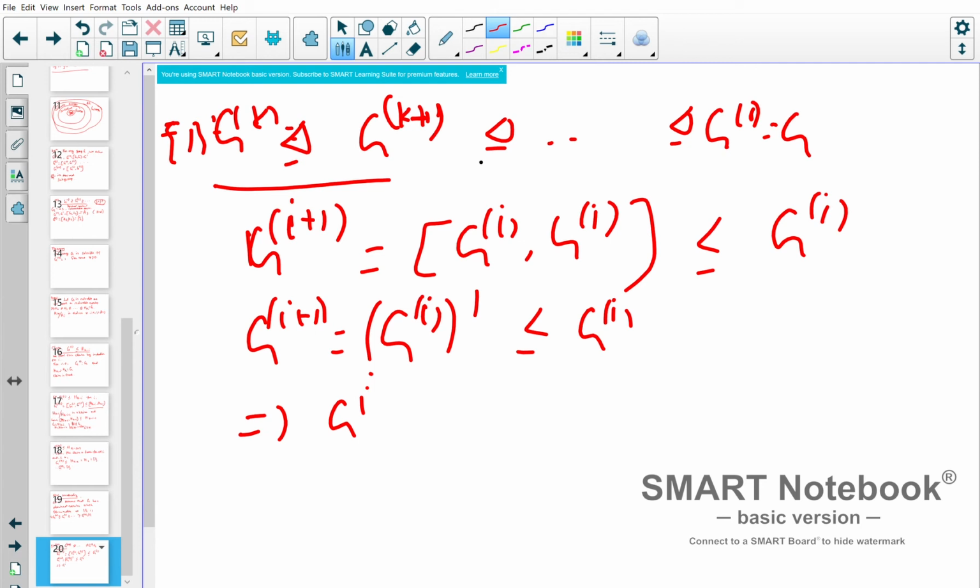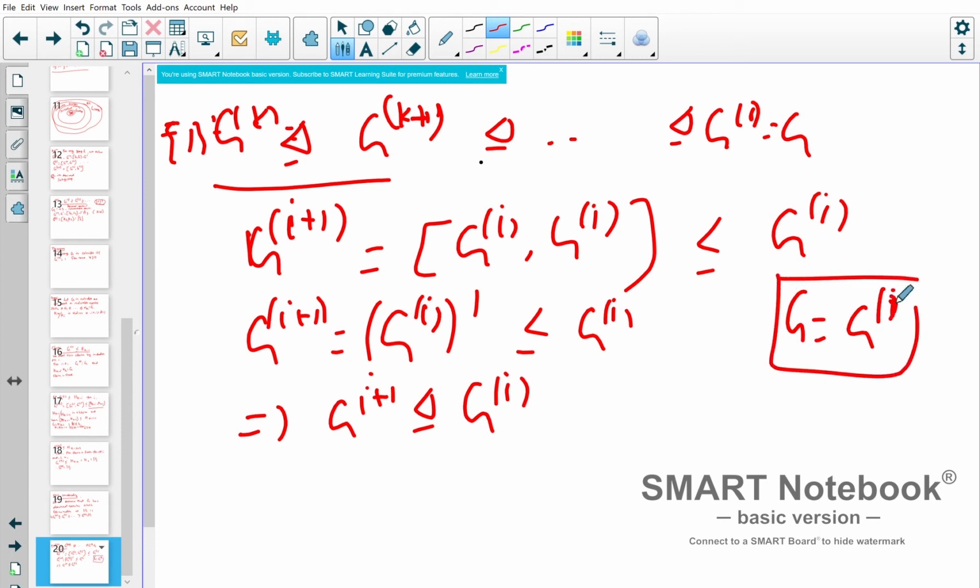G(i+1) is bigger than that. So you write G equal to Gi for checking purposes, and the theorem we proved last time shows this is normal. So this holds for all i equal to 0, 1, 2, up to k minus 1.